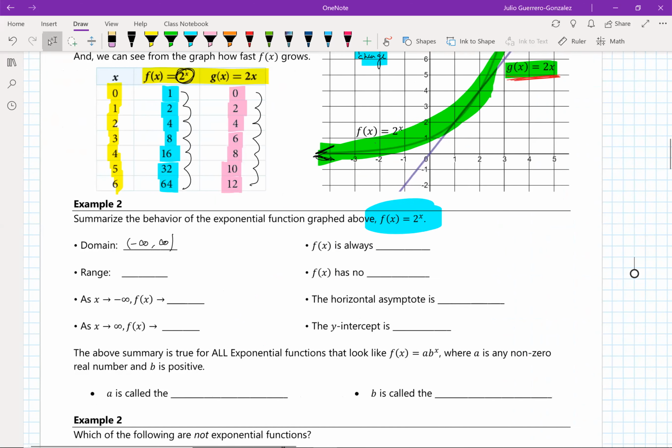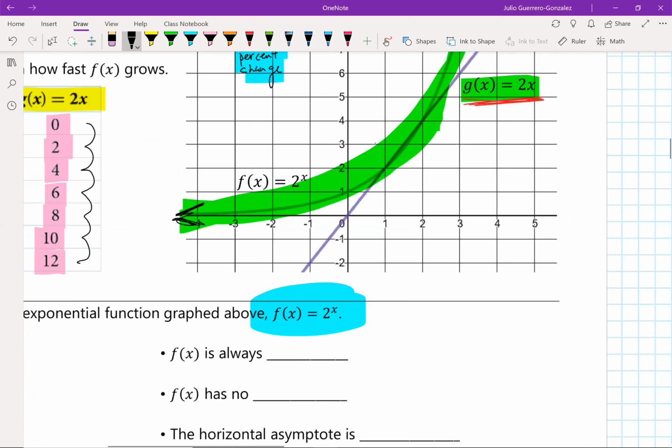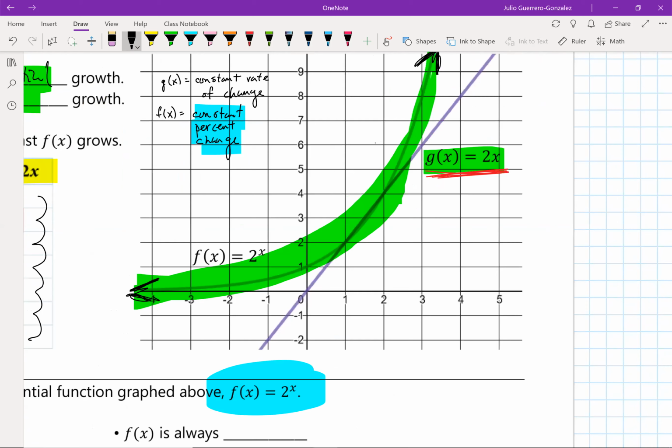What's the range in this case? Wouldn't it be the same? No, it's 0 to infinity. Yep. So it turns out that, you guys remember the asymptotes?